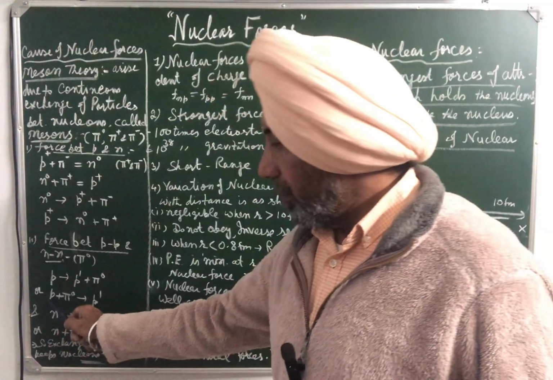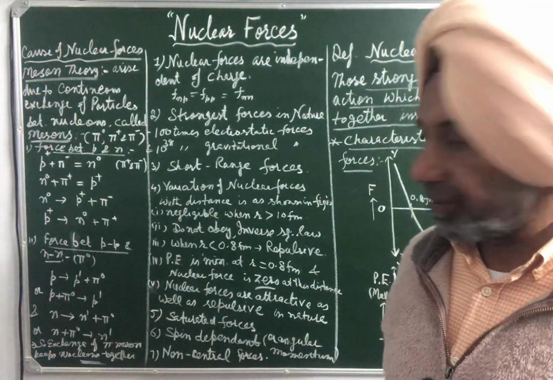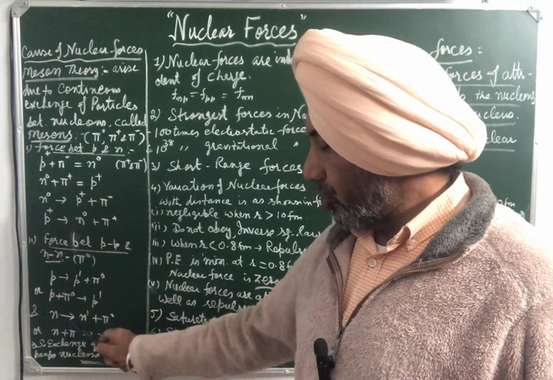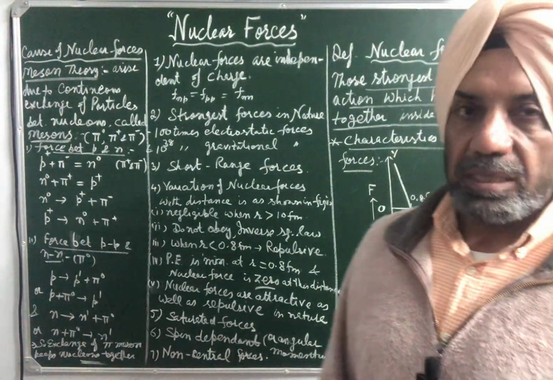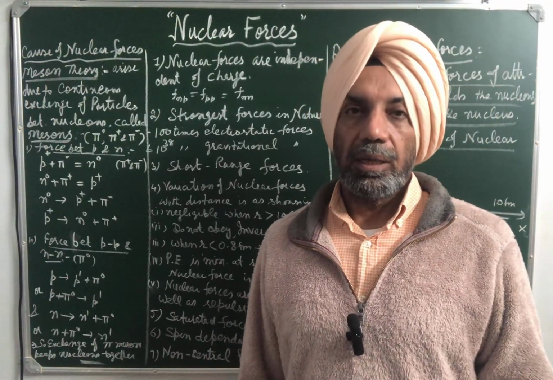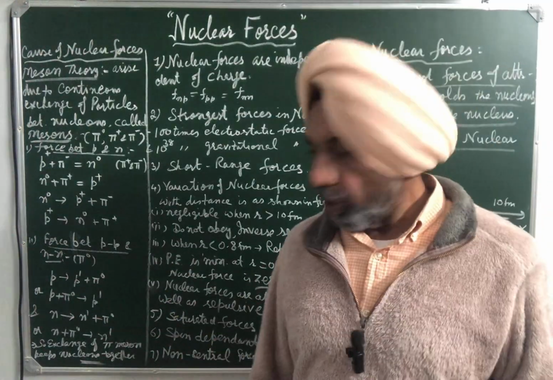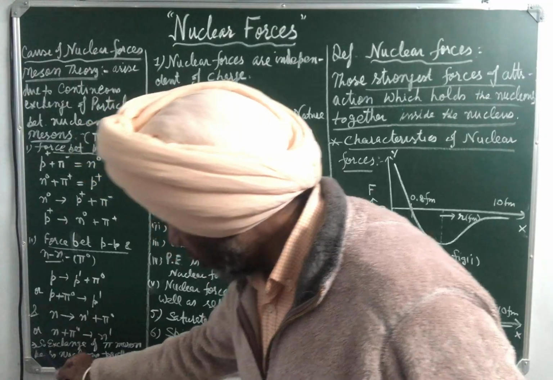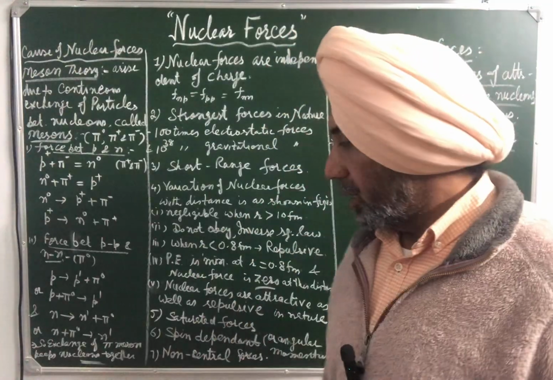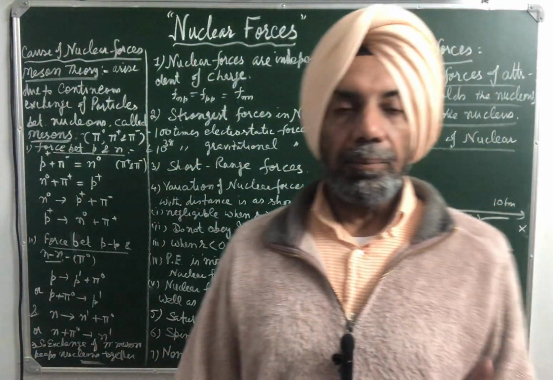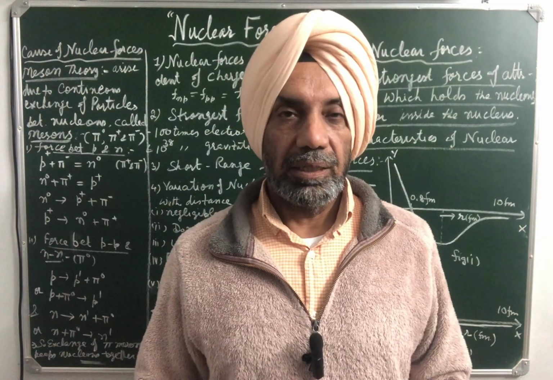Similarly, a proton absorbs pi neutral and comes to a new state P dash. Similarly, N goes to N dash plus pi naught, or N plus pi naught gives N dash. It means there is exchange of neutral pion between protons or neutrons, which gives equal force. So exchange of pions, pi mesons, is the major cause of nuclear forces, which keeps the nucleons together.